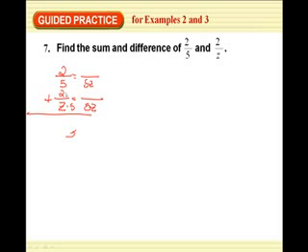To get 5z, you would take the 2 times 5, so that's going to be a 10. Then 2 times z is 2z. So 2z plus 10. We can't add those because they're not like terms, all over 5z. That's the sum. That's adding.